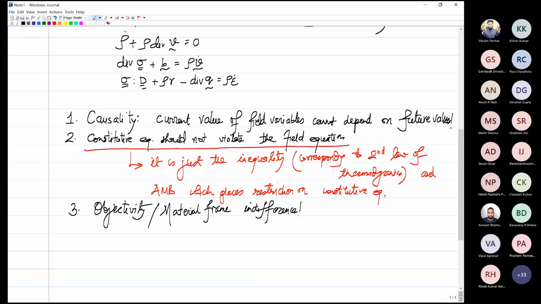A very simple example is the response of a spring. The internal force in the spring is equal to the spring constant times the elongation of the spring. This is like a constitutive equation for the spring.